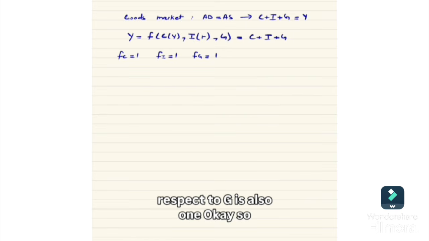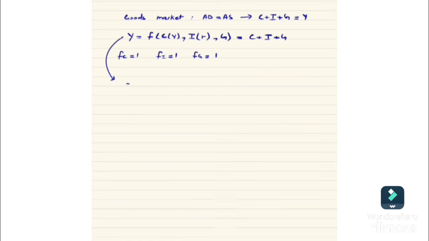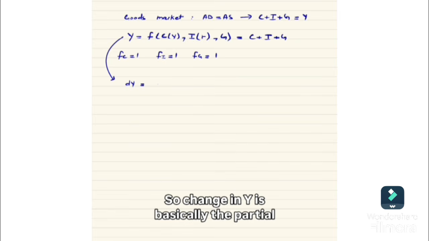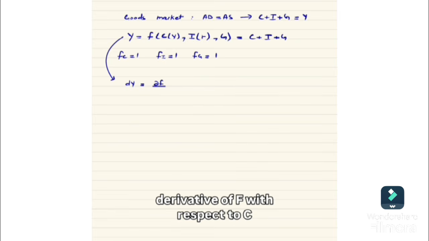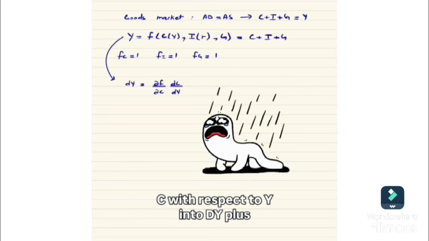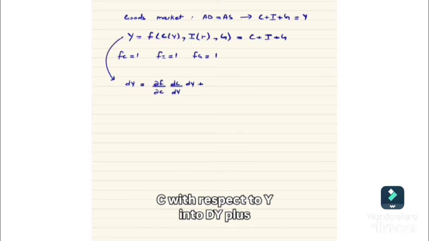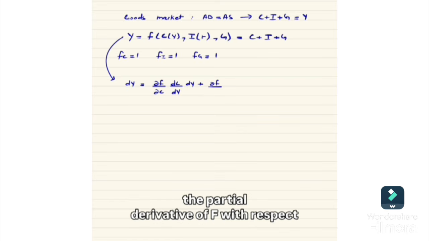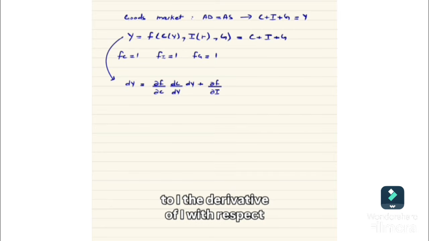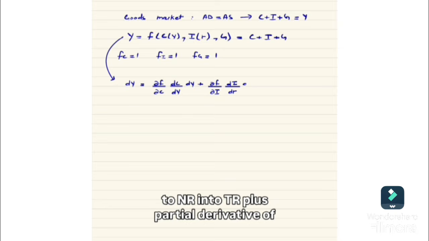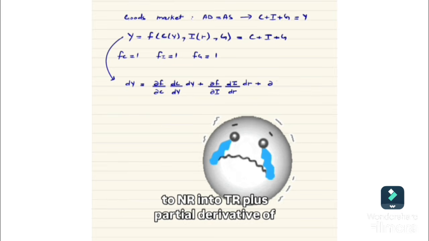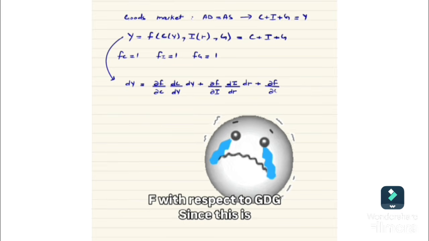Okay, so let's start by taking the total derivative of this equation. The change in y is the partial derivative of f with respect to y, times dy, plus the partial derivative of f with respect to r, the derivative of I with respect to r, times dr, plus the partial derivative of f with respect to g, dg.